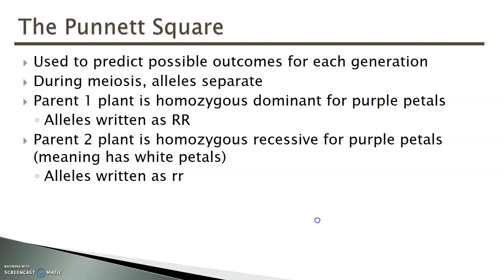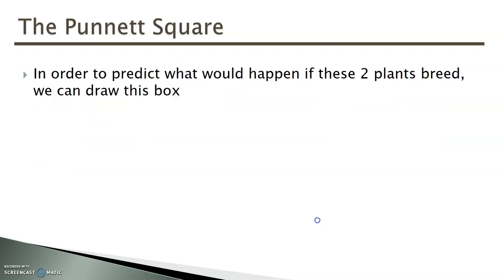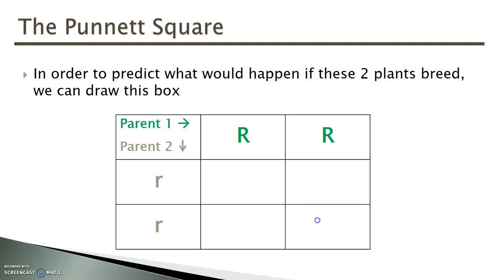So in order to create our Punnett square, we're going to draw a little box. I basically think about it as a tic-tac-toe box. Now I made it a little fancier on the screen because I can, but it's basically a tic-tac-toe box. We are going to fill in the top row and the far left row with the parents' alleles. So each box is going to represent a parent's gamete.